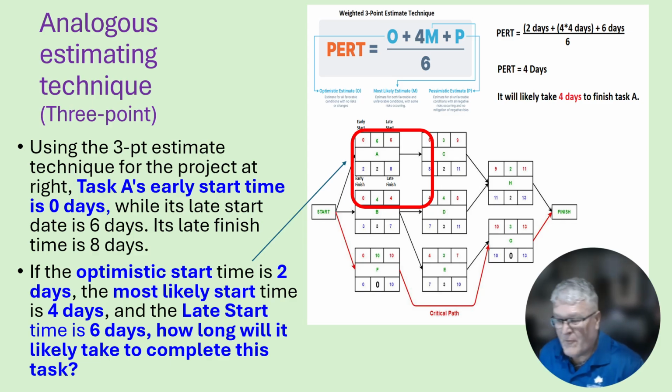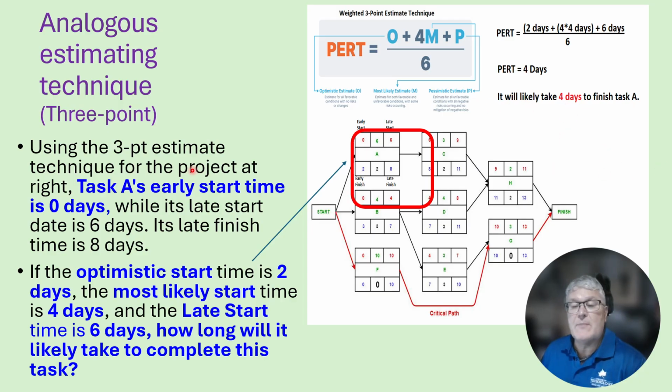Here's an example from project management where you're considering the early start, the late start, the early finish, and the late finish of an activity, and then sequential activities afterwards, and then contingency activities, things that might be done. So here's where this 3-point estimate may be used.